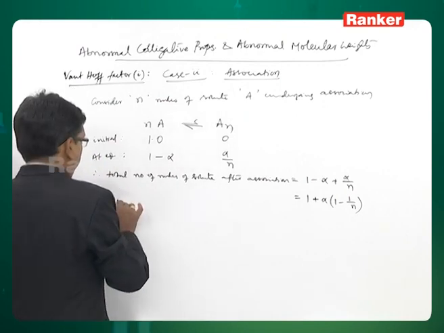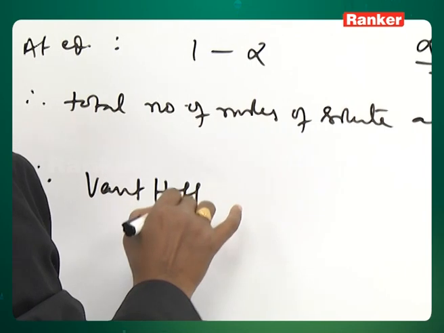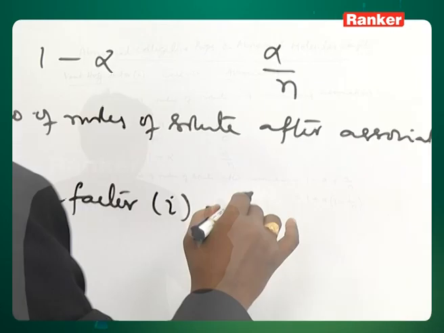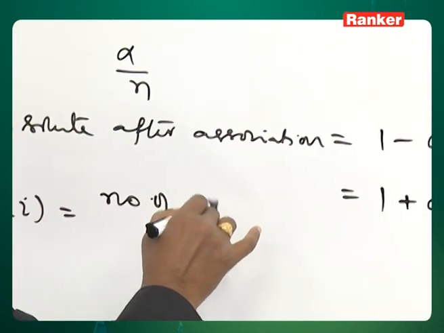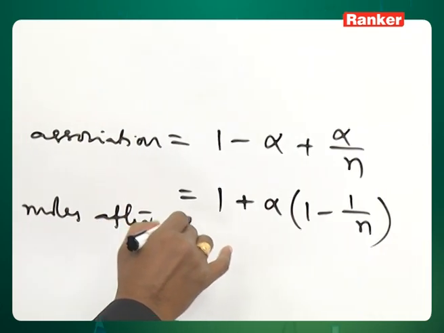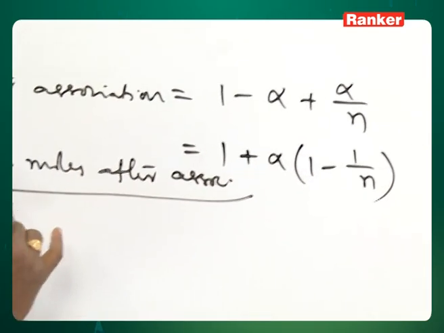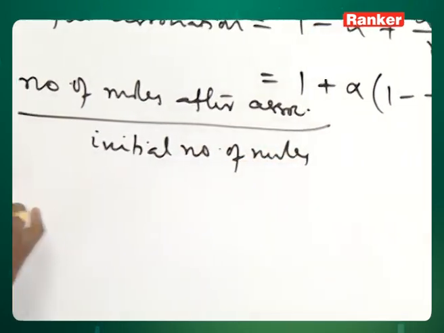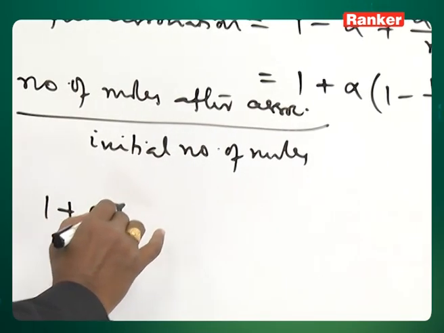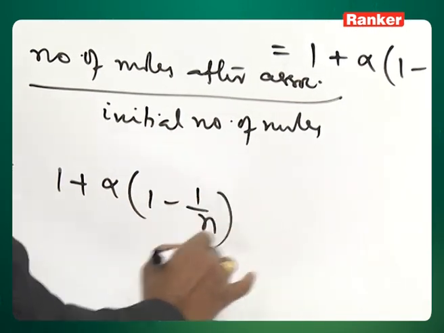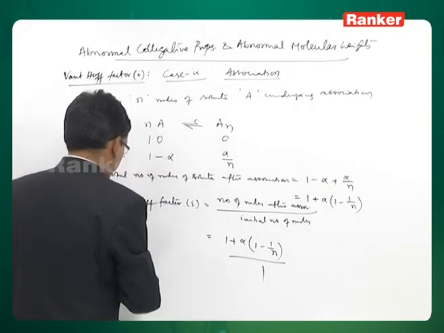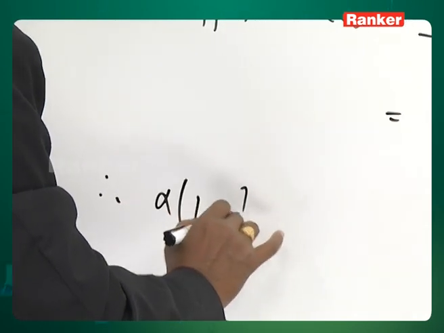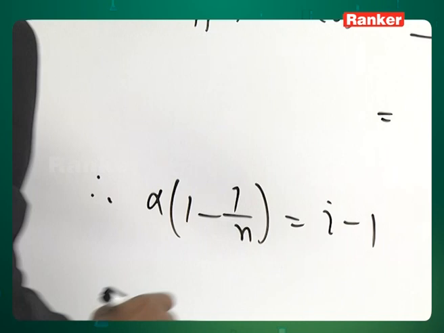Therefore, the Van 't Hoff factor i is equal to the number of moles after association by the initial number of moles, that is equal to 1 plus alpha into (1 minus 1 by n) by 1. Therefore, alpha into (1 minus 1 by n) is equal to i minus 1.